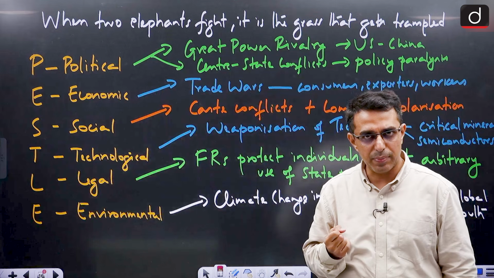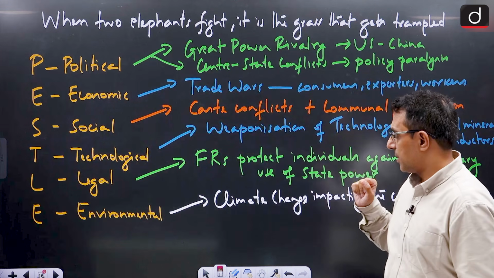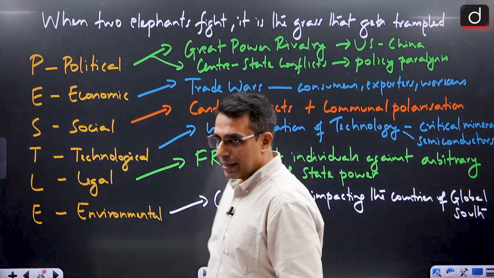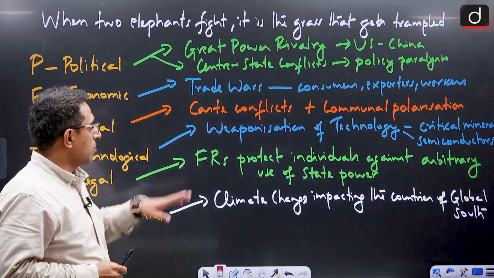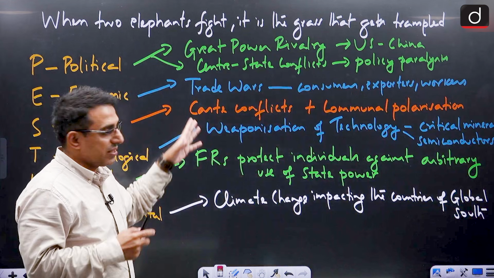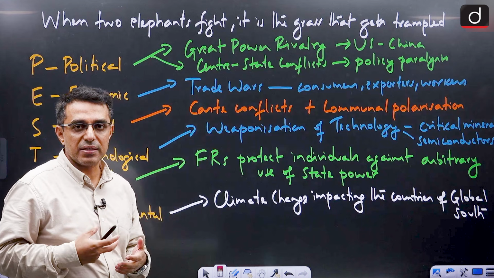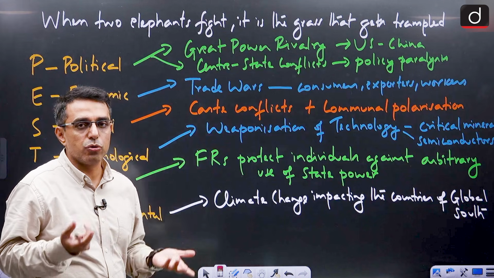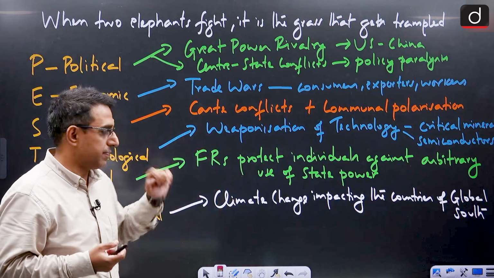So such examples can be given, or maybe even the issue over the 3-language formula and its implementation, or the NEP issue, the new education policy. So that shows that the center-state conflict can sometimes lead to policy paralysis, and it ultimately affects the citizens adversely who have nothing to do with it, but they get trampled as does the grass when two elephants fight.